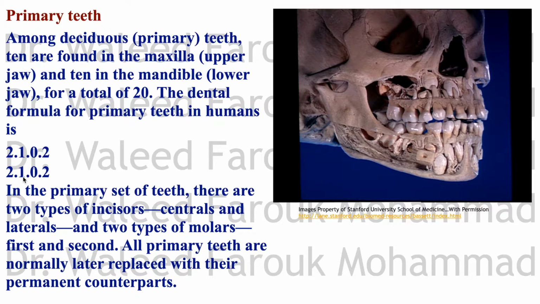This is 20 teeth. There are 2 types of incisors, central and lateral, and the canine, of course, and 2 molars, first and second molars. These primary teeth will all be replaced by permanent teeth.